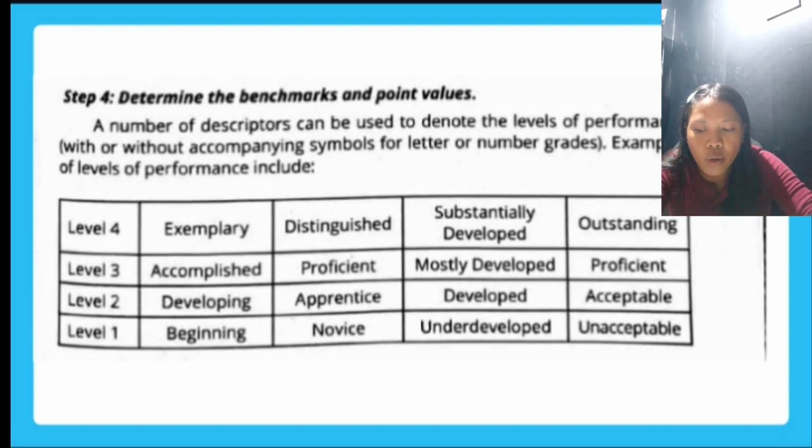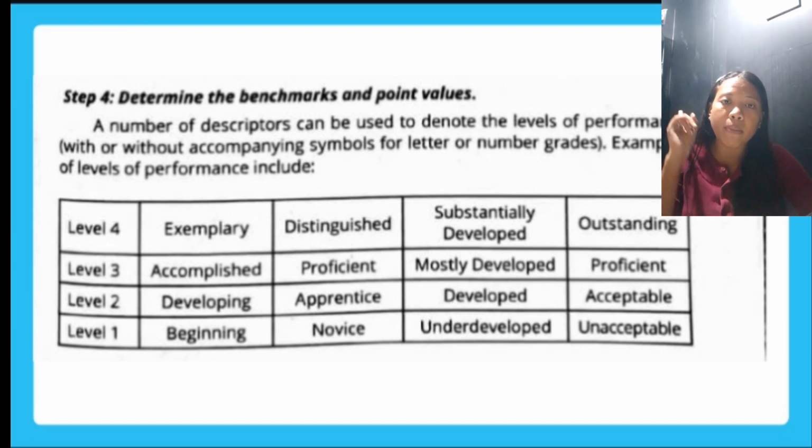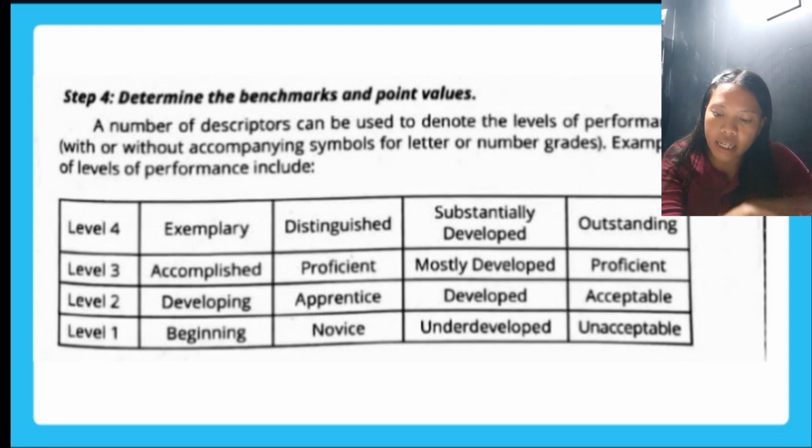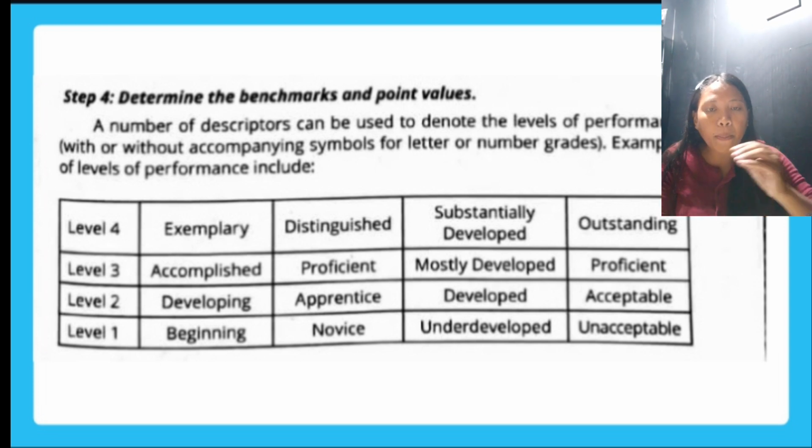You are going to define levels of performance with descriptive labels or benchmarks to denote how well a task was completed. And those levels can be paired with symbols or letter grades or numerical values.